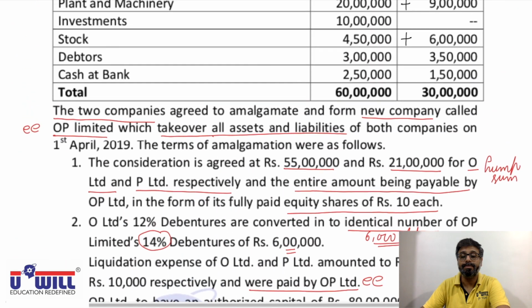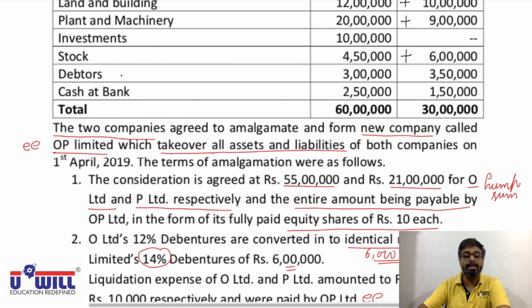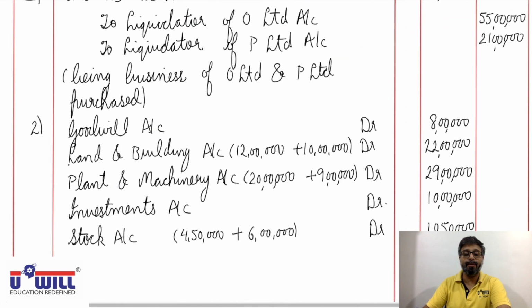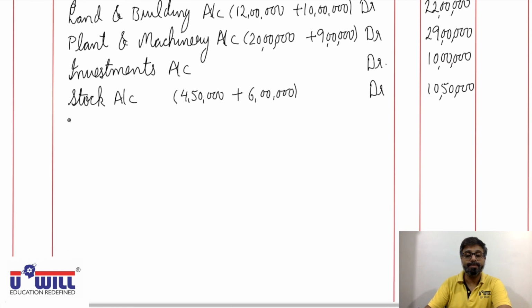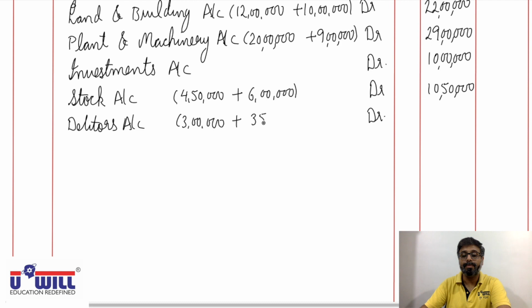Then debtors account debit 3 lakhs plus 3 lakh 50,000, 6 lakh 50,000.